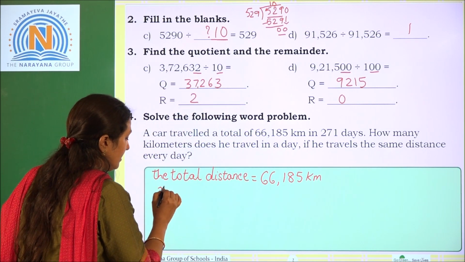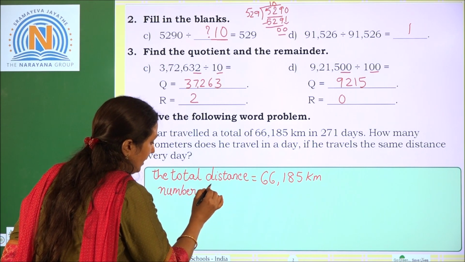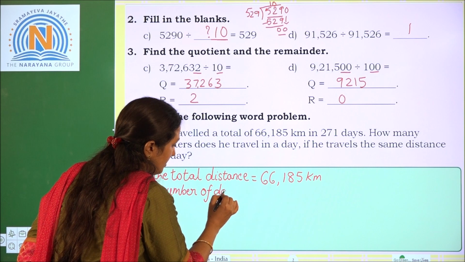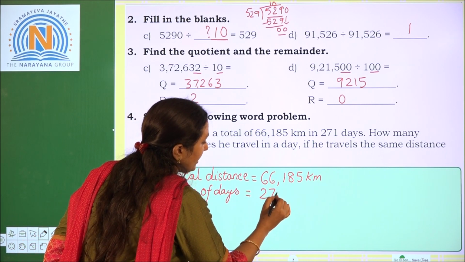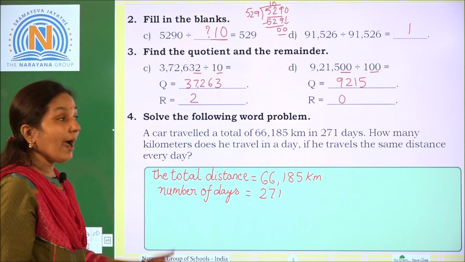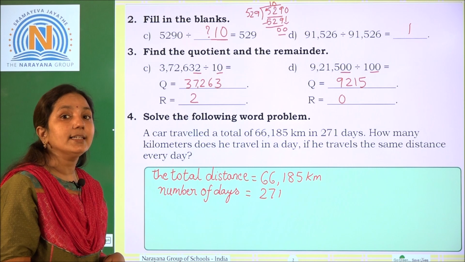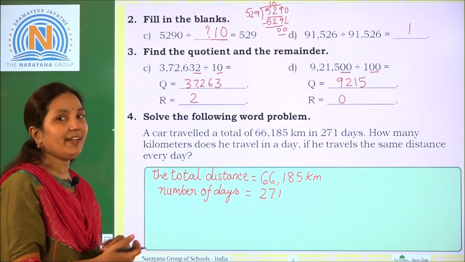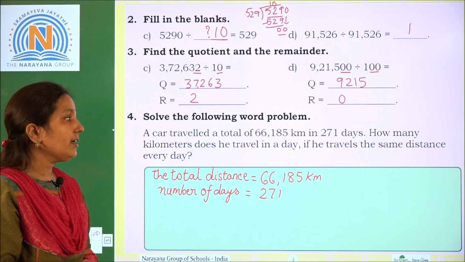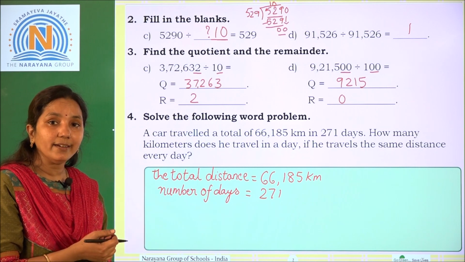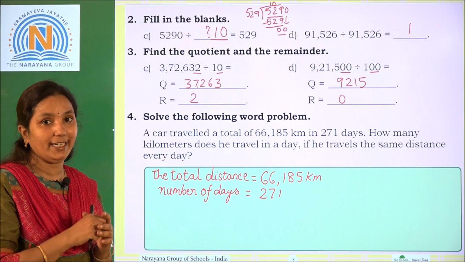The number of days is 271. You have to notice one thing here: he travelled the same distance every day. But what do we have to find here? We have to find how much distance he traveled in one day.